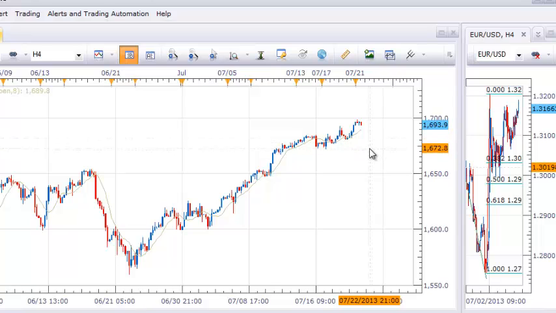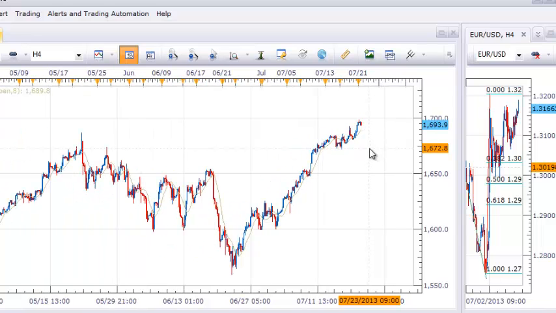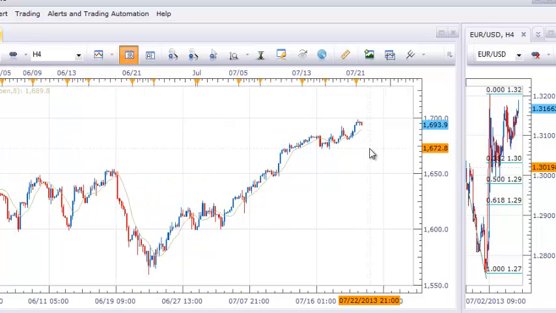They're not the greatest levels in the world, but they are the only levels that really appear on this larger time frame, and there was some reaction off of them. So as a swing trader, day trader, even scalper, I would be watching for those levels to be retested for tricks. That's what I want to see. Either a trick off of 1679, which would put your entry level in the low 70s, or if you get it off of 1671, it would put your entry level around the high 60s.